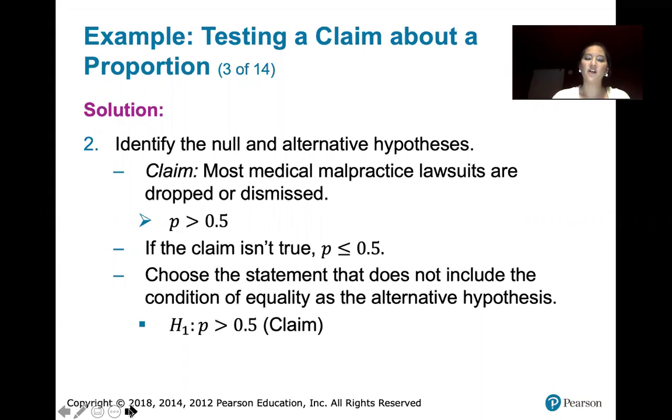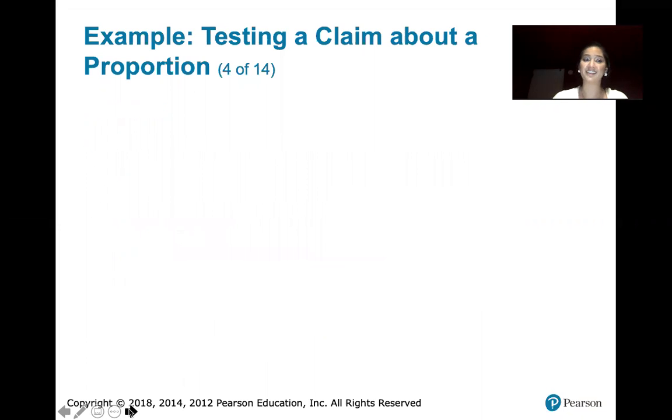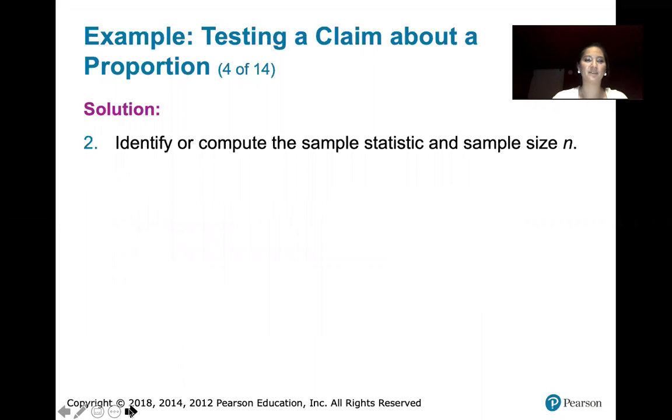And then the null hypothesis always looks exactly like the alternative hypothesis, except you change that sign to an equal sign. The null always has an equal sign. So we'll have p equals 0.5 here. That's what we're going to test against. Okay. So after that, you want to either identify the sample statistic from the problem statement or compute the sample statistic from the problem statement.